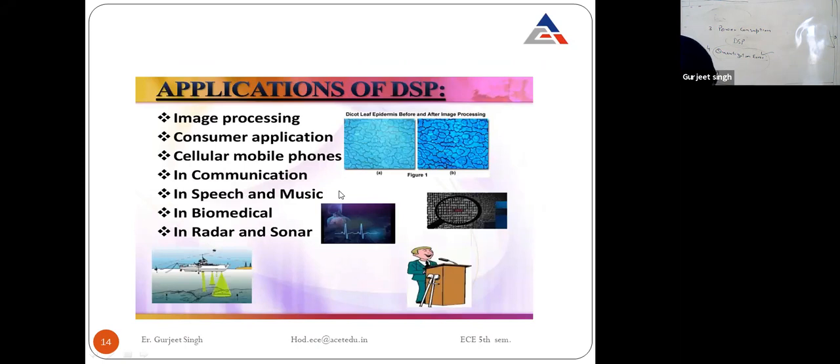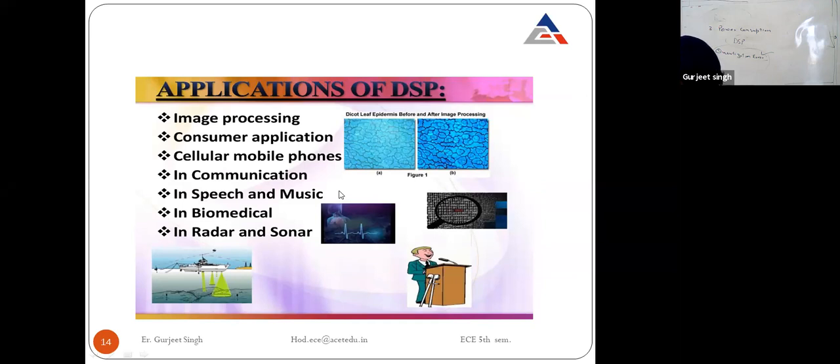Image processing means I have taken an image from my camera and I will modify that image. I will increase the contrast, and I will reduce the size of the image.